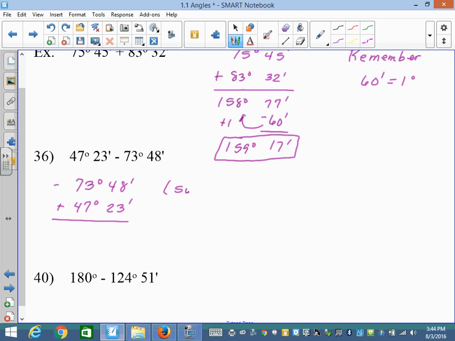So 8 minus 3 is 5, 4 minus 2 is 2, so I get 25 minutes. 7, this becomes a 6, so this is 6 and a 2, so I get 26 degrees, 25 minutes. This is less than 60, so we're good. There's your answer.